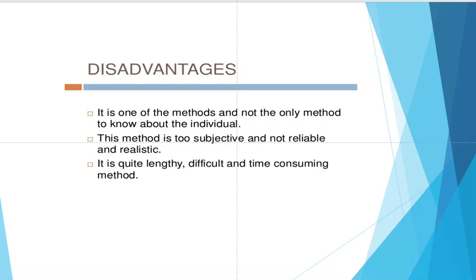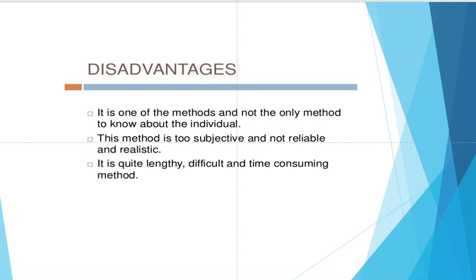The reliability and realistic nature of the cumulative record is not very high, and it is quite lengthy, difficult and time consuming, because there is continuity in the collection of information.